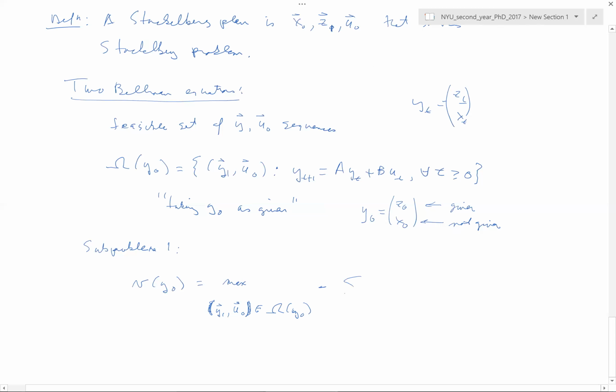And I want to maximize this. That's not the Stackelberg problem. I'm just going to make a remark. It's not the Stackelberg problem. It's a much easier problem. This is a linear quadratic dynamic programming problem.